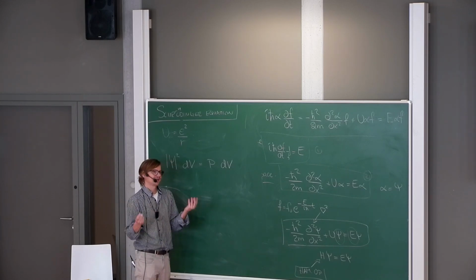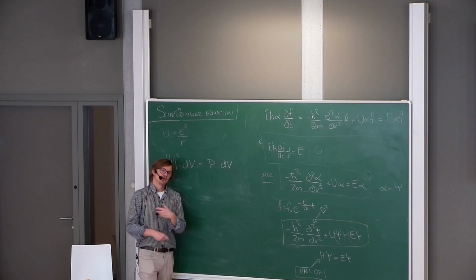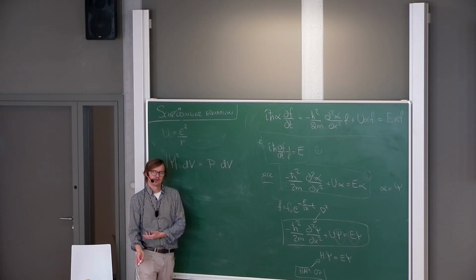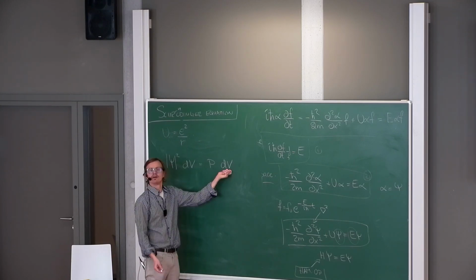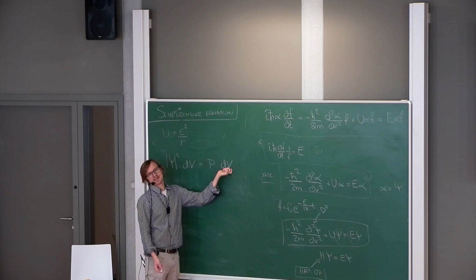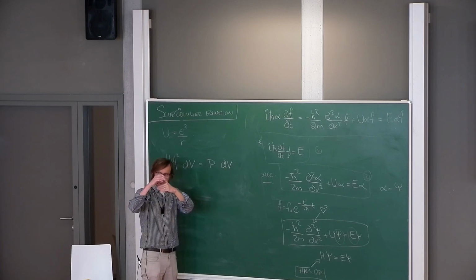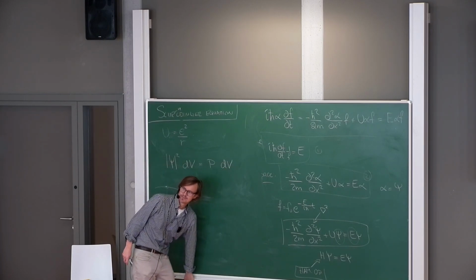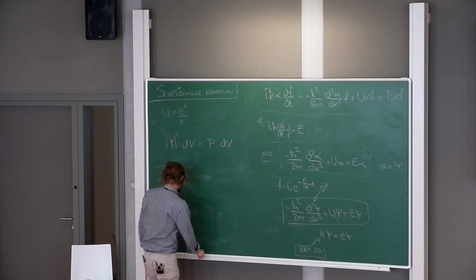That is, we can only calculate the probability that the electron is within a certain volume element, or as we will see, at a certain radius.